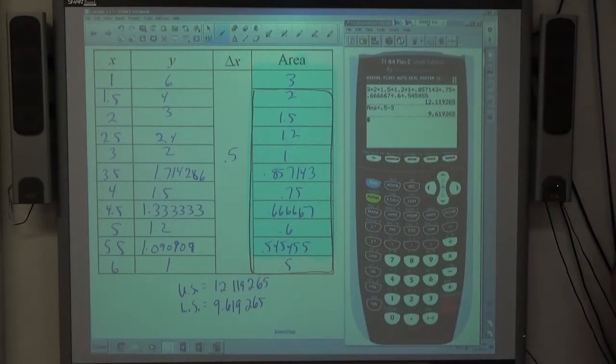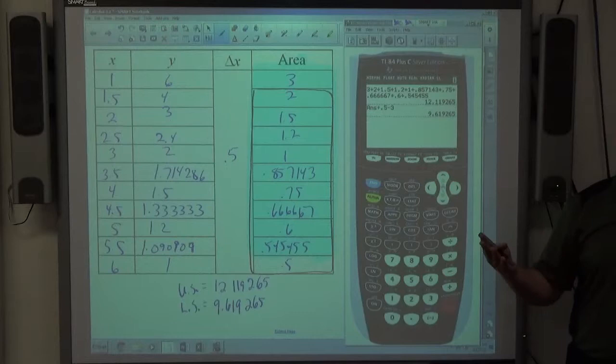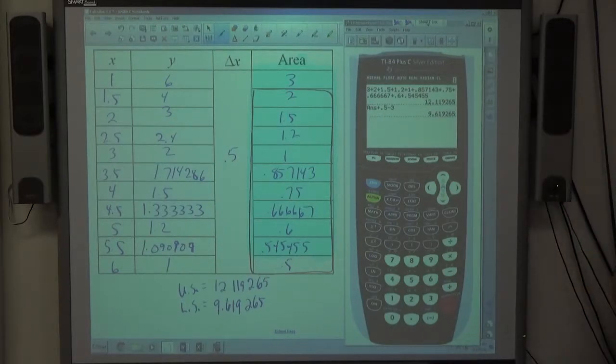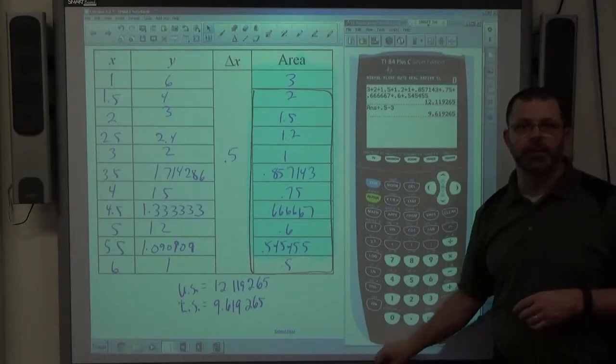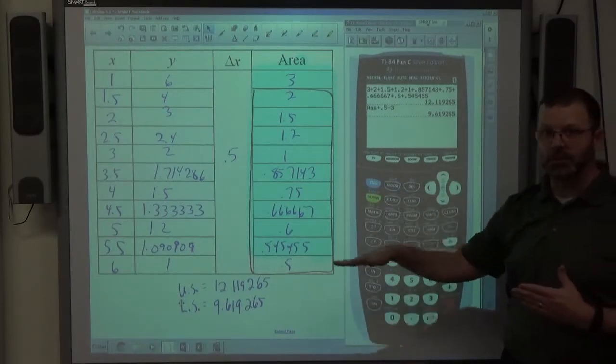All right. So upper sum too big, lower sum too small. Correct answer somewhere in between those two numbers. And again, the average of those two numbers will be very, very close to the right answer. That's what we're looking for, the approximate area is the average of those two answers.